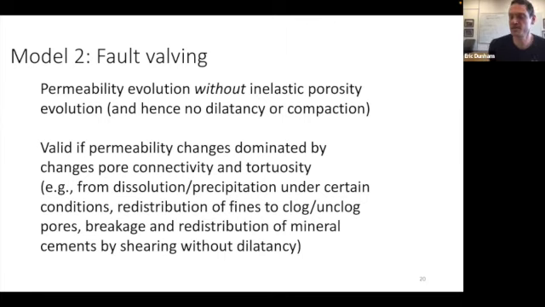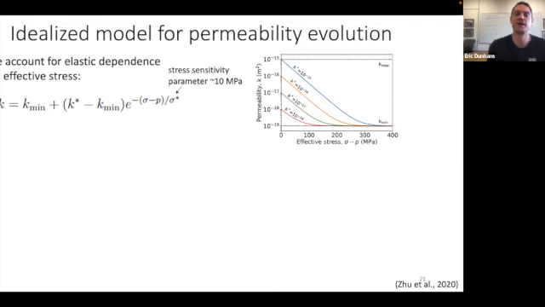Again, no changes overall in porosity, but you can change the permeability quite a lot. You could think about breakage and redistribution of mineral cements, quartz and calcite that have precipitated out, and then break them. If you move things around without a lot of dilatancy, again, you're changing that pore connectivity. So this model is relevant under those conditions.